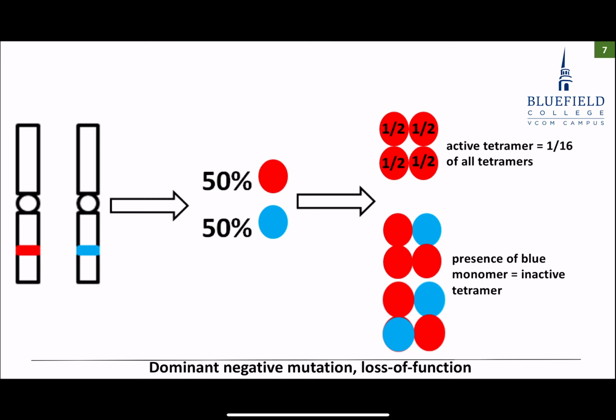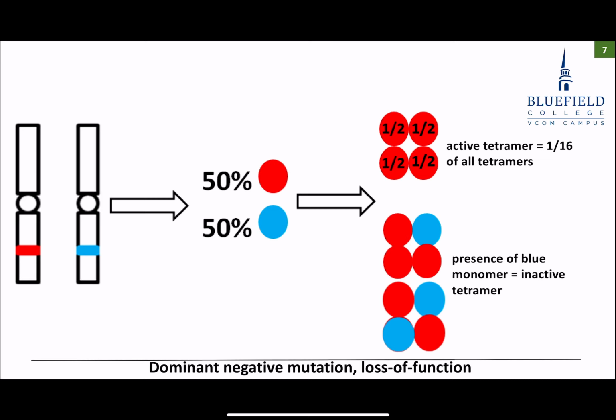Let's say that this just collapses, doesn't support the function that it's supposed to perform. And of course, that applies to other numbers of the blue monomer. So when it's 2, there might be 3 of them or 4 of them. All these combinations are dysfunctional.